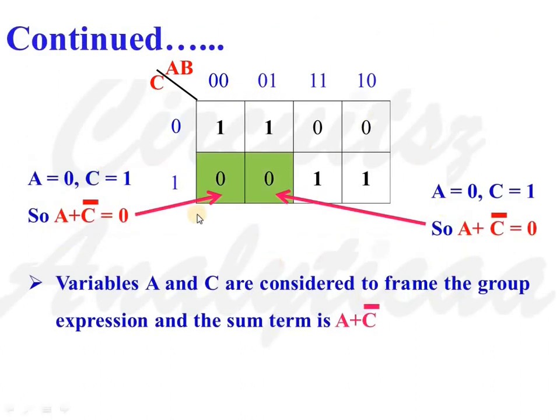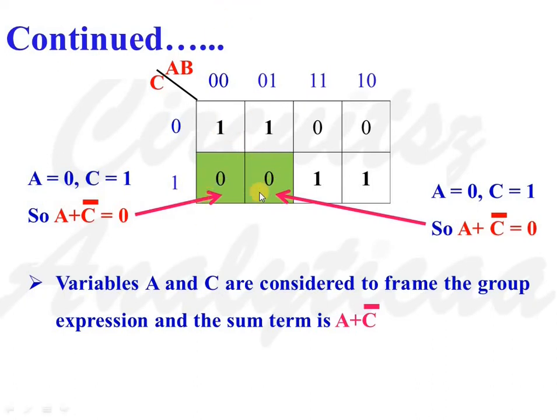Now we are going to frame an expression for this sum term. When we group zeros, if value of a variable is equal to 0, that variable appears in true form in the sum term. If value of a variable is equal to 1, that variable appears in complemented form.